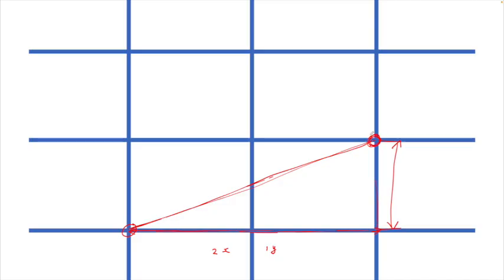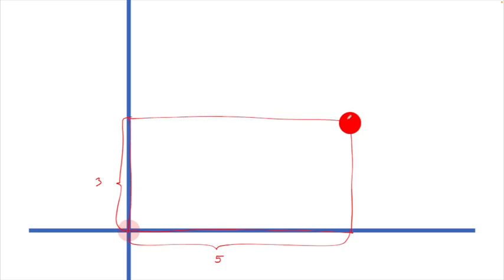So anywhere to anywhere, even if you travel in any of the shortest distances, that can be defined in terms of x-axis and y-axis. For example, look at this ball. This ball is traveling from this space to this space. I can say move 5 meters in x-axis and 3 meters in y-axis. Someone may travel 5 meters in x-axis, 3 meters in y-axis, and go there. Someone may take 3 meters in y-axis, 5 meters in x-axis, and go there.